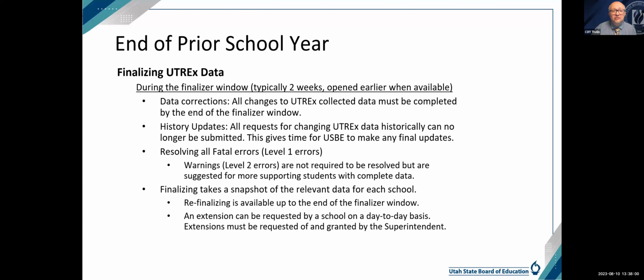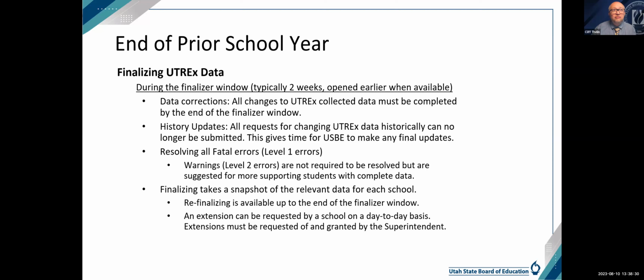We'll go over dates later through this, so I won't focus on that part yet. But the data corrections are what the finalizing is very much focused on, that all the changes in Utrecht's collected data have to be completed by that finalizer window end date. So of course, preferably we want the corrections to happen throughout the entire school year and not just at the finalizing periods.